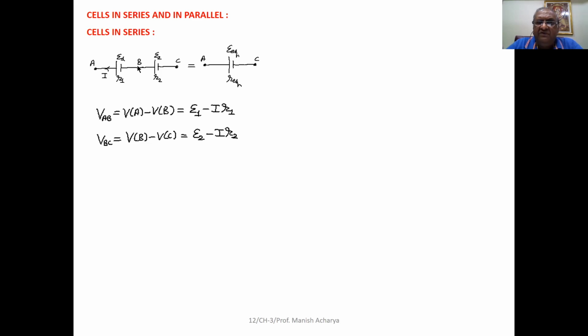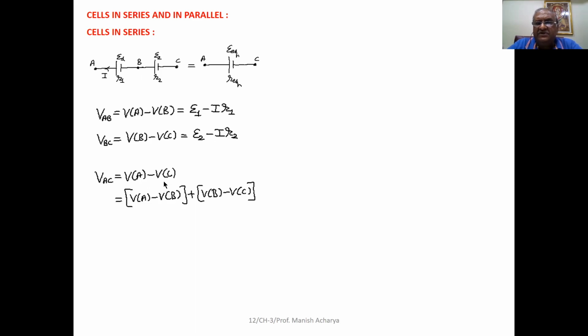And the potential difference across BC, we can write VBC equal to VB minus VC, that is equal to E2 minus IR2. So the resultant potential difference across AC, we can write VAC, that is VA minus VC.